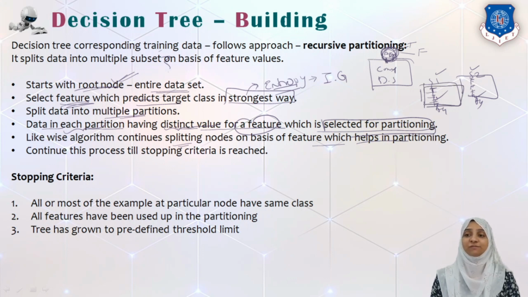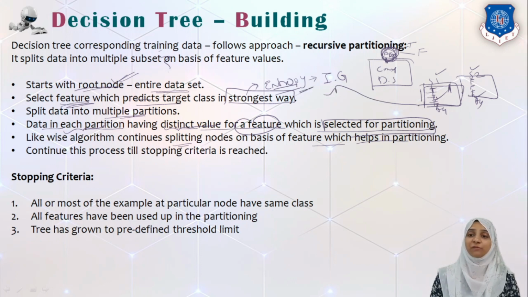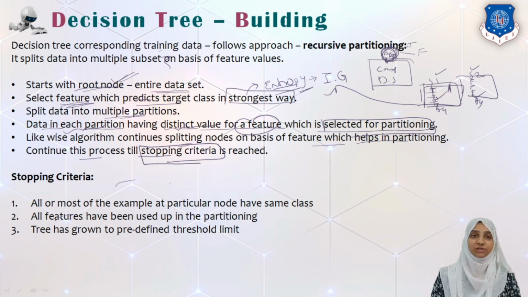Later on, if this subset is considered, we will select an attribute which strongly divides, or which contributes strongly in predicting the value of the class label. That again can be calculated with the help of entropy and information gain. And we will continue this process of dividing our data or subset into partitions until some stopping criteria is reached. Now we have to discuss this stopping criteria.